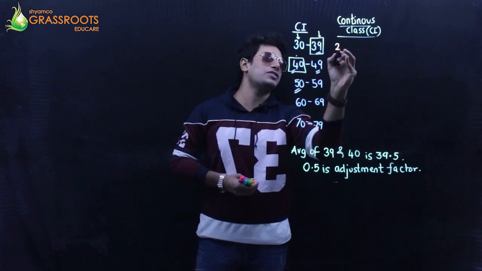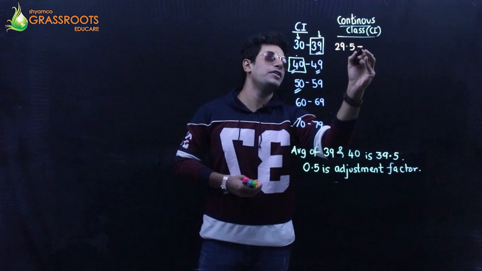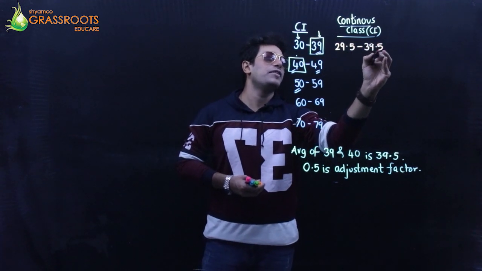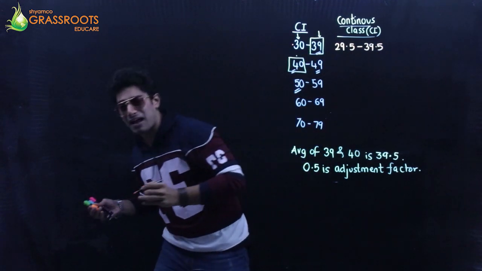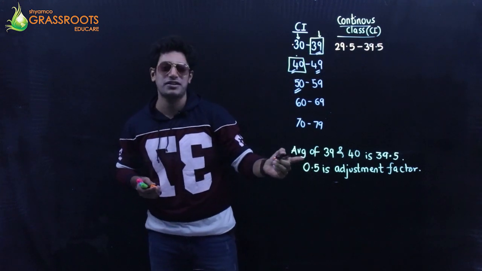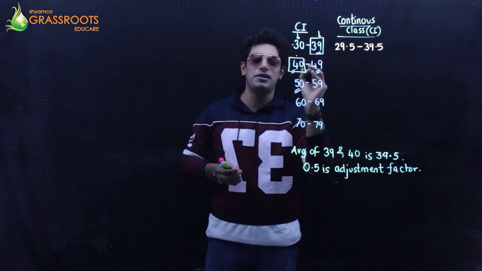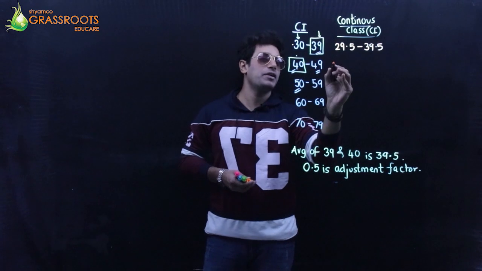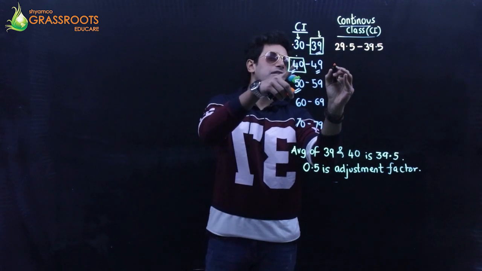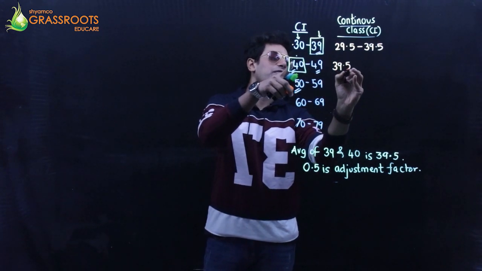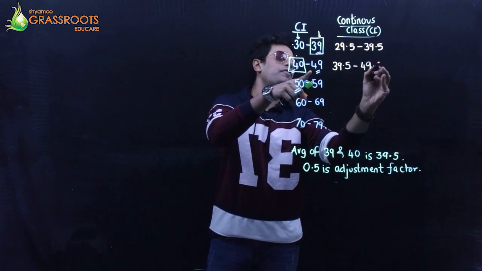So ideally this will start from 29.5 to 39.5. From the lower limit, subtract 0.5, the adjustment factor, and from the upper limit, add 0.5. Again, lower limit, subtract 0.5, upper limit, add 0.5.